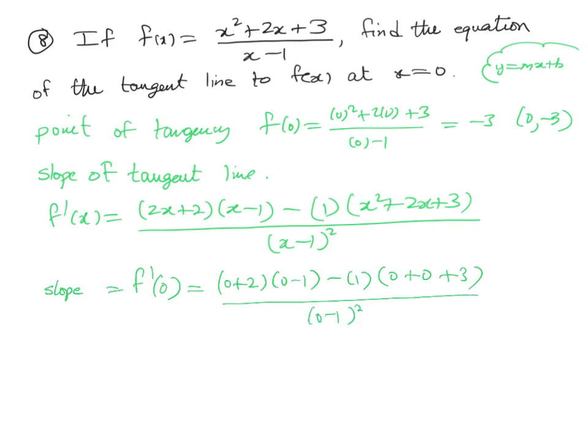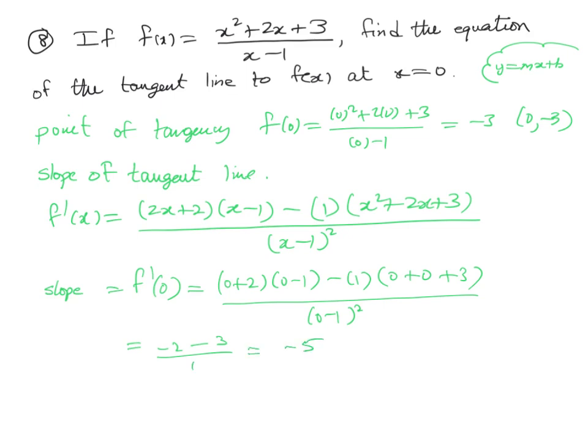So because of the fact that I was using 0, these calculations are relatively straightforward. So let's keep it going. So this becomes 2 times negative 1. That's negative 2 minus, and then 1 times 3, which is 3, all over. And then here I've got negative 1 squared, which is positive 1. So this is negative 5.